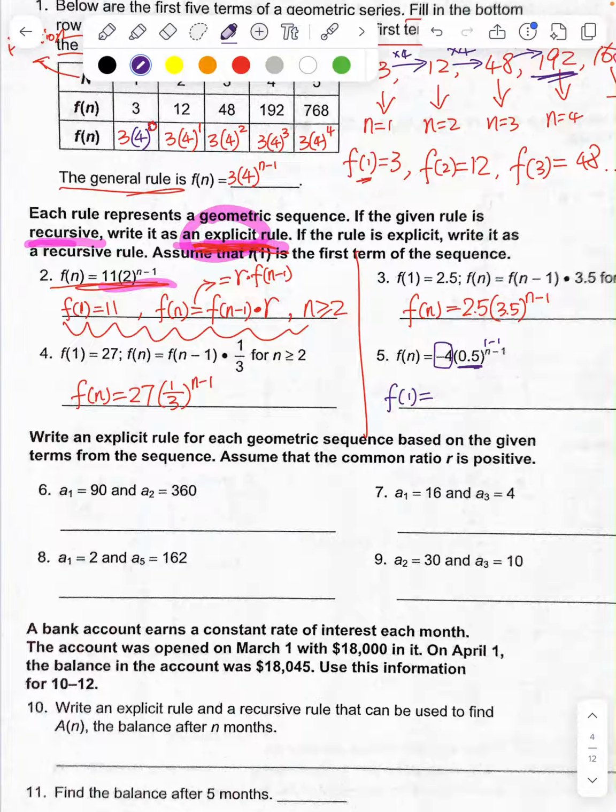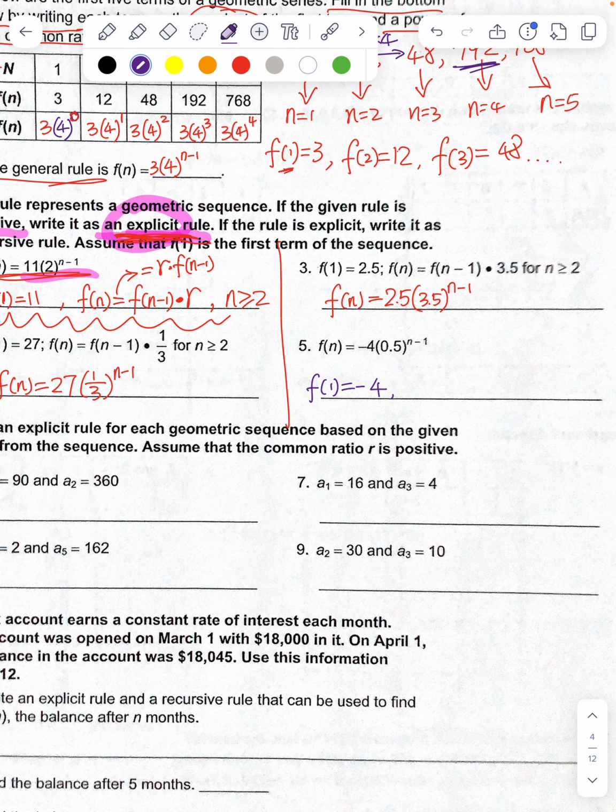So 0.5 raised to the 0 power is just 1. So this part is 1. 1 times negative 4 is still negative 4, right? So that's why I said the first term is just the first number before the common ratio 0.5.